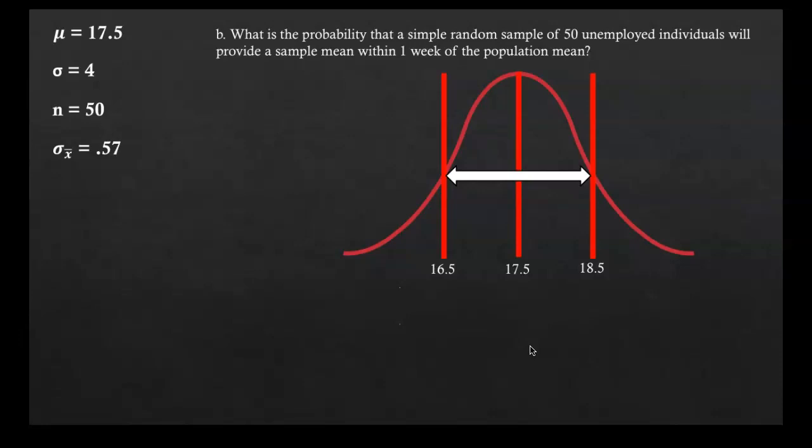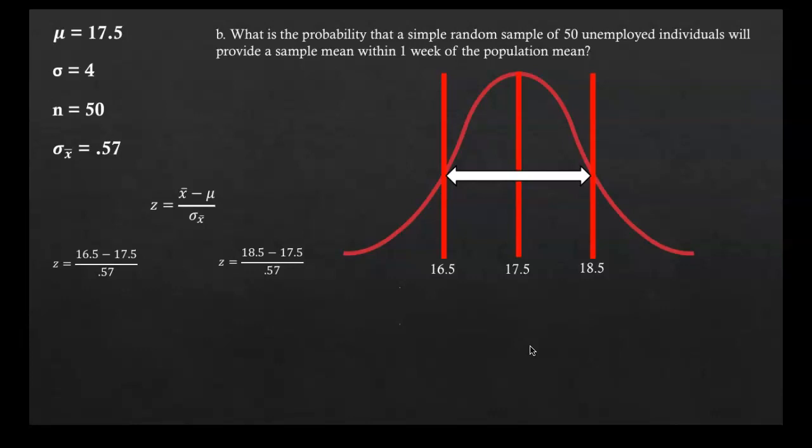How are we going to be able to do this? We need to find z-scores. So we know that our mu is 17.5. We found our standard error in the last part of this problem, which is 0.57. Our x bars, those are going to be the 16.5 and the 18.5. So if we fill that into our z-score formula, it'll look something like this.